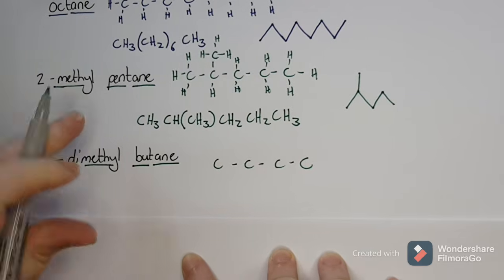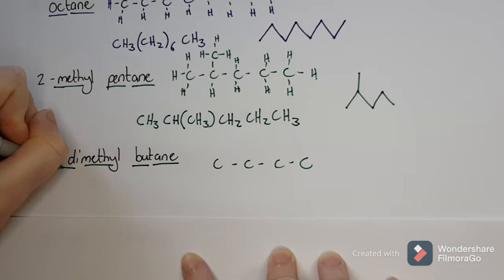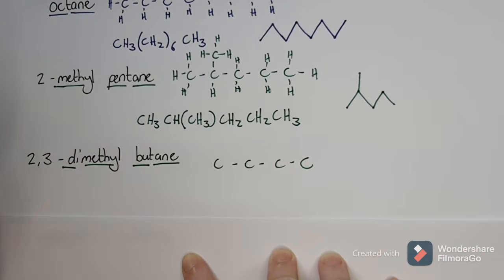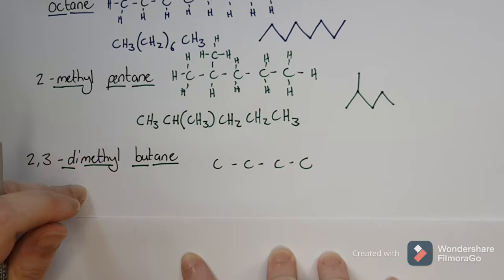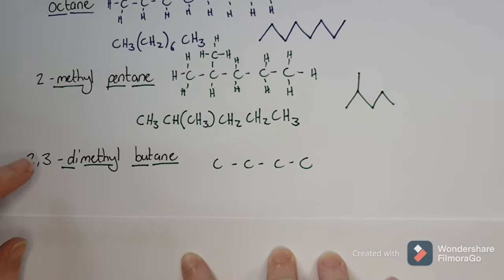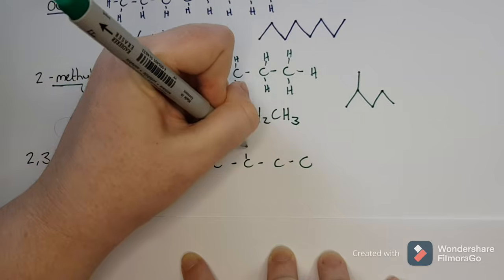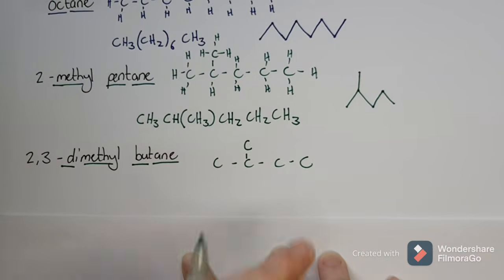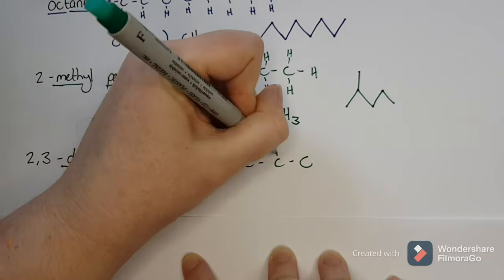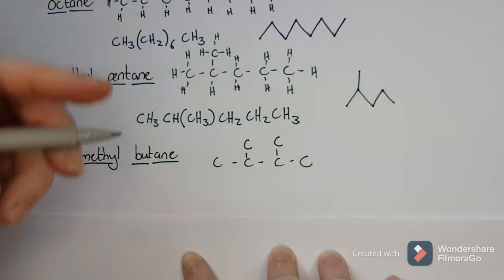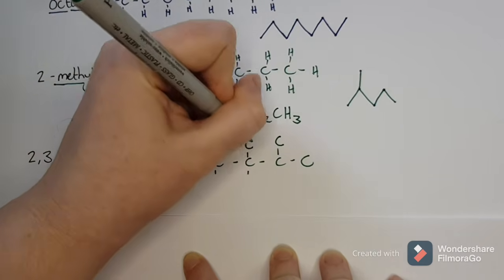So meth, meaning 1 carbon, but di, so I have 2 of the 1 carbon chains. And they're on carbon 2 and carbon 3. So on carbon 2, I can draw my 1 side chain, and on carbon 3, I can draw the next side chain. And then you fill in all the hydrogens.